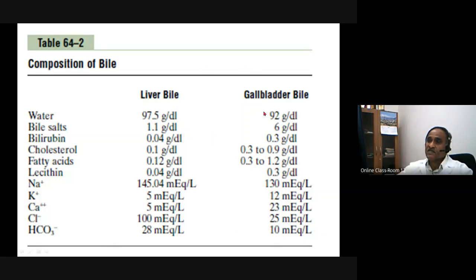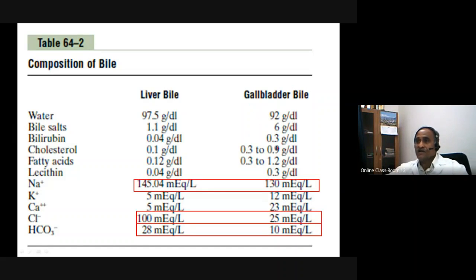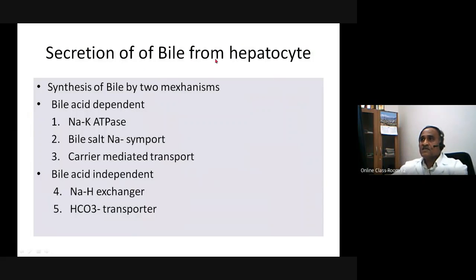So that means in the gallbladder bile, there is an increase in concentration of all constituents excepting sodium, chloride, and bicarbonate. Sodium, chloride, and bicarbonate are decreased.